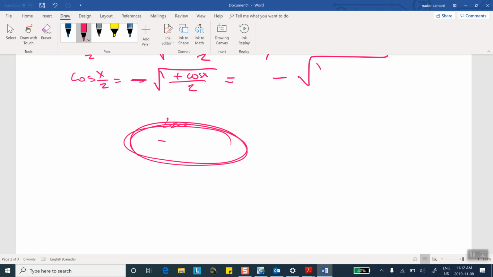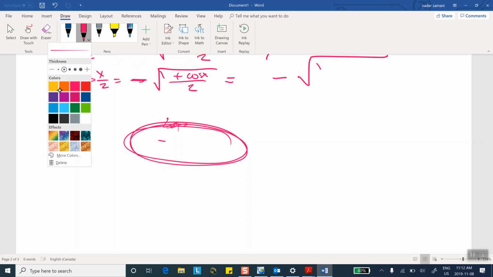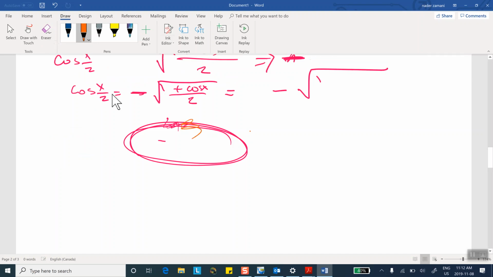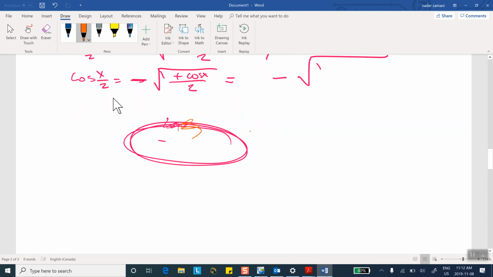I lost track of where I actually was. Let me get through this. So it's going to be minus the square root of 1 plus minus 4 over 5 divided by 2.